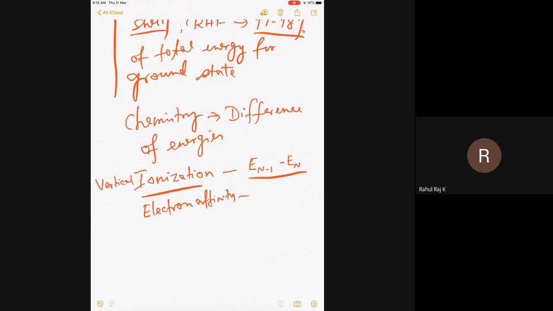So for electron affinity, for example, you calculate this quantity, En minus En plus 1. Right?